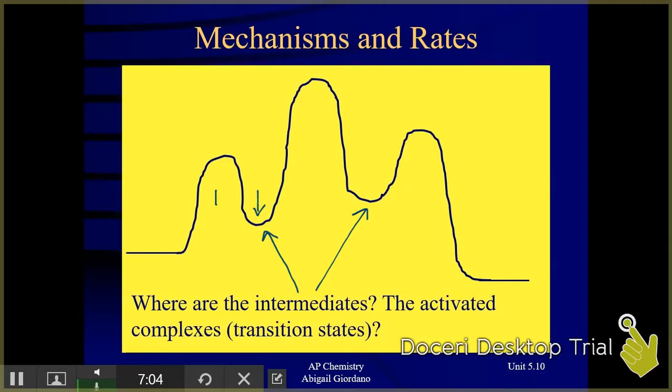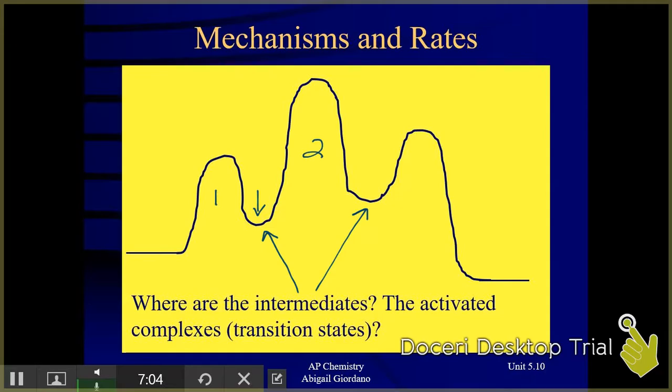It's also the place where the reactants of elementary step 2 would be found. And that's what an intermediate is. It's a product of one step and then is consumed as a reactant in a later step. So our intermediates are found in the valleys.